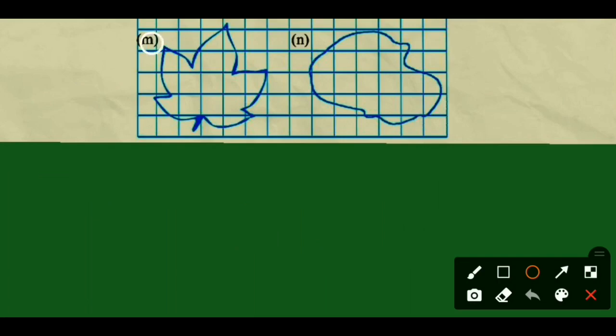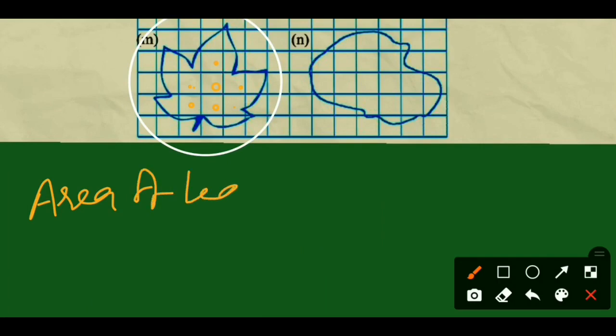If you want to find out the area of this irregular shape, the leaf is an irregular shape, so the area of the leaf will be, the fully filled squares are 1, 2, 3, 4, 5, 6, 7. 7 squares plus half filled squares, there is no exactly half filled square.